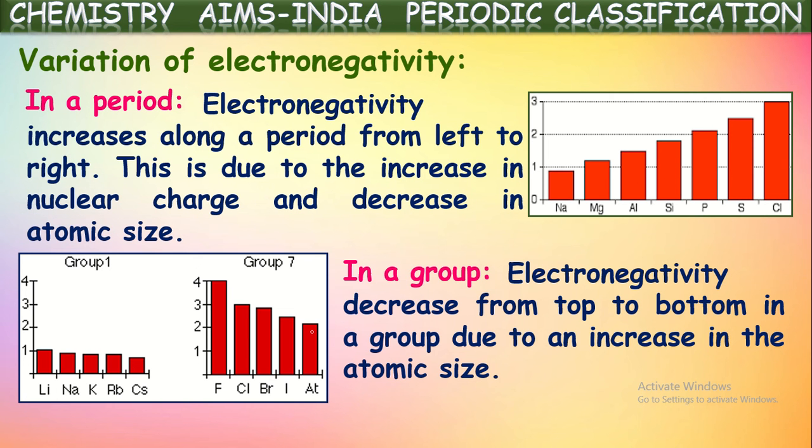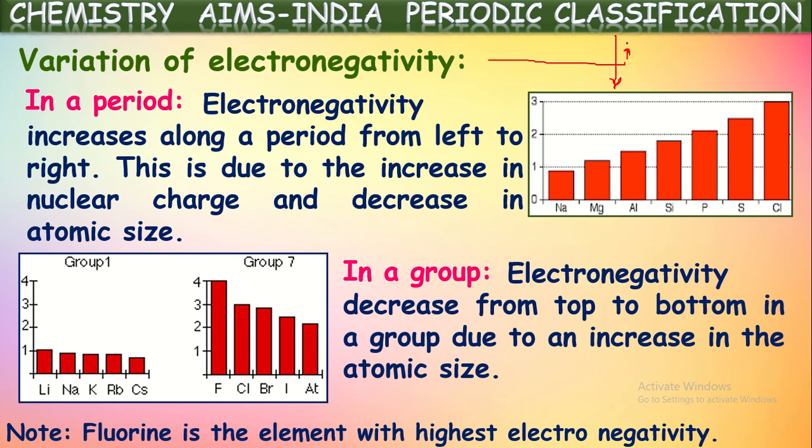So we can say it increases in a period and decreases in a group. The extreme top right element will have the greatest electronegativity. That is, fluorine is the element with the highest electronegativity, because noble gases do not have electronegativity values, as electronegativity is compared between atoms which are bonded.